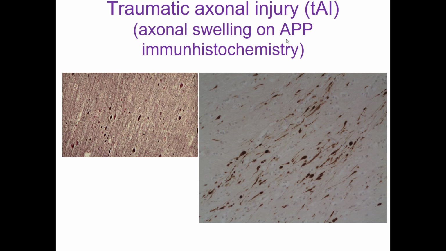And if the axon is disrupted, for example due to traumatic injury, then the APP, which is transported at a relatively high speed, is going to accumulate proximal to the injury site, and form axonal bulbs and accumulated protein material, which can be detected by means of immunohistochemistry in the white matter, for example, and this shows clear evidence of traumatic axonal damage.